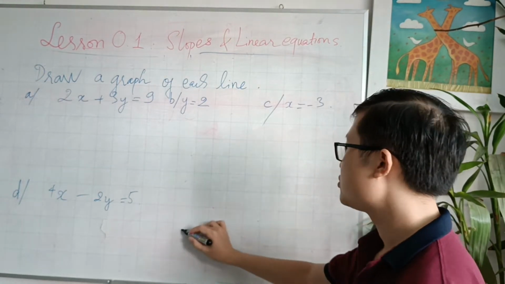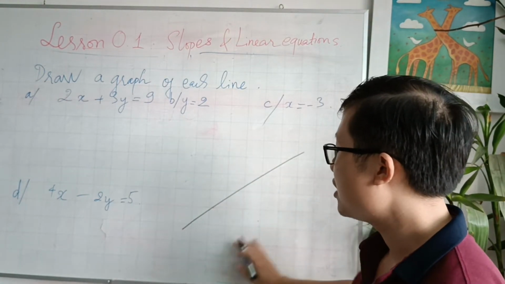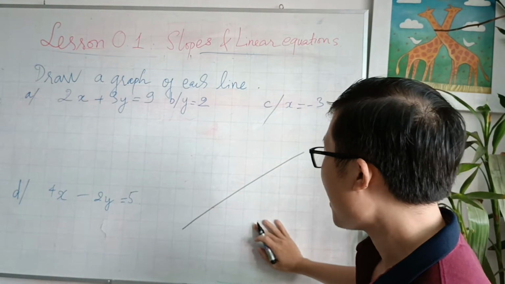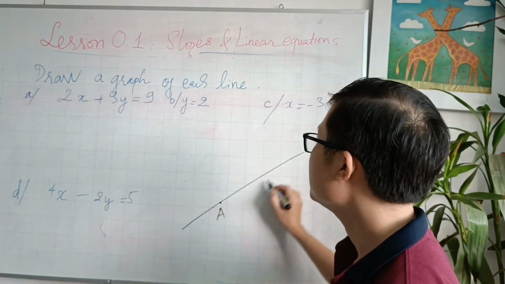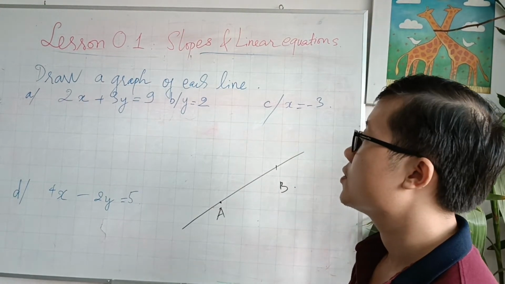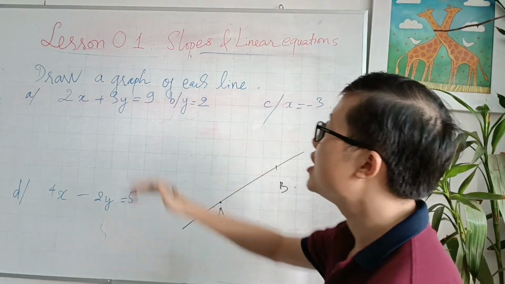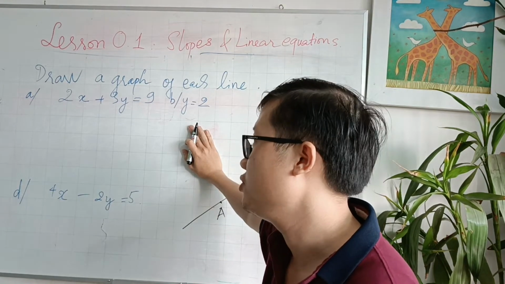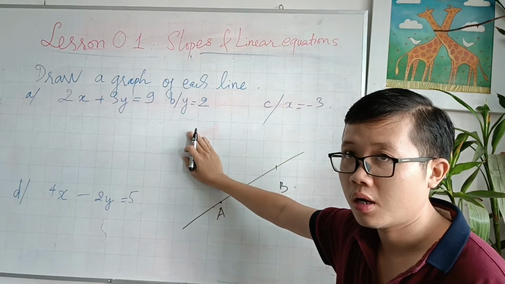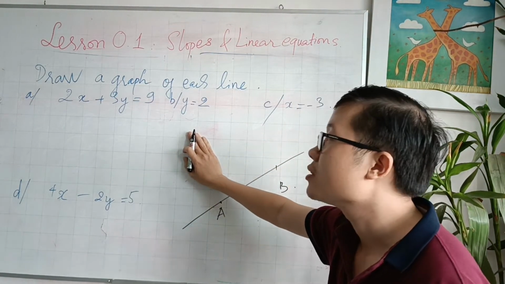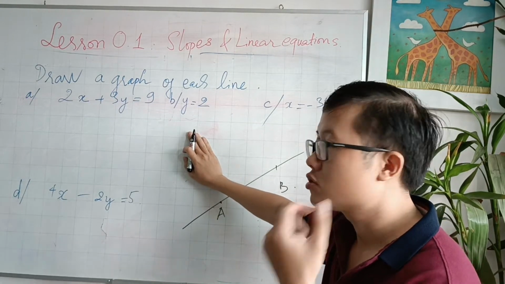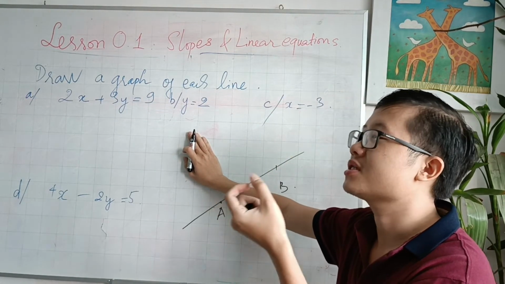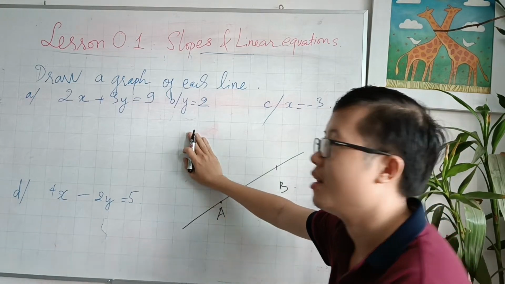So when you sketch the line, you must have 2 points, A and B. So when you have a linear equation and the question requires you to draw or sketch the graph of this line, you must choose 2 points that lie on this line.